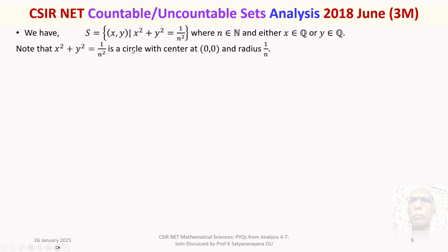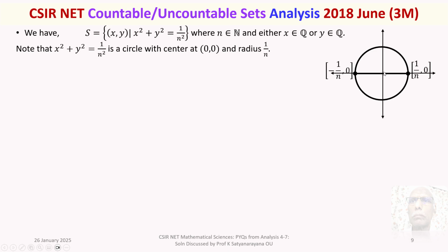It is a circle with the center at the origin and the radius 1 by n, where n belongs to N. On the x-axis and y-axis, it is this circle with the center at the origin, and the diameter is the closed interval from minus 1 by n to 1 by n.